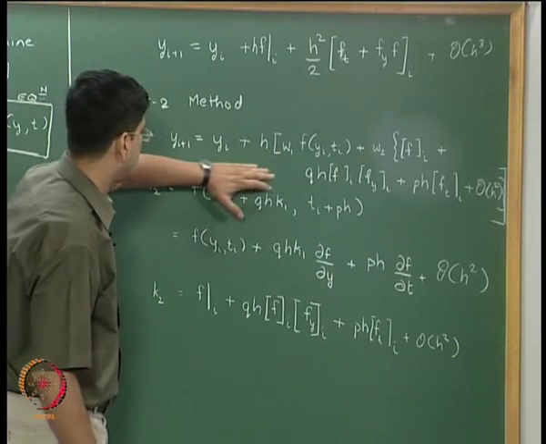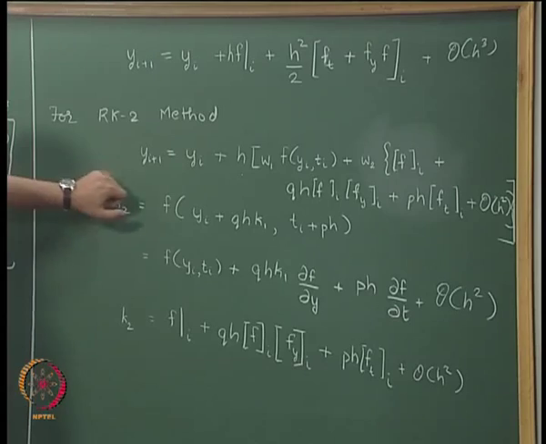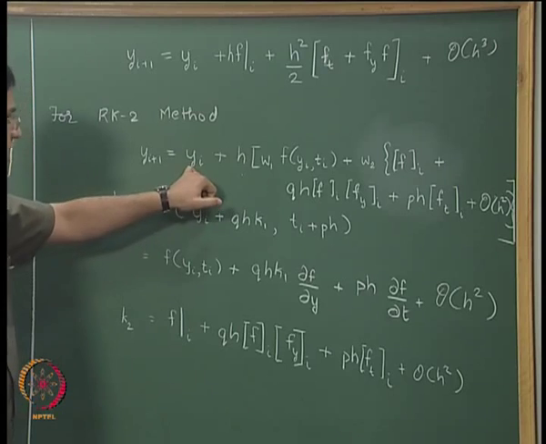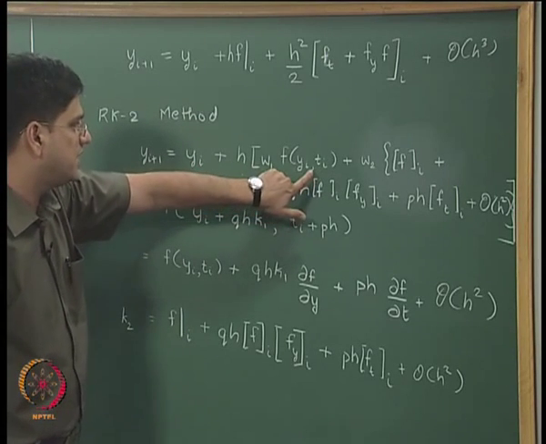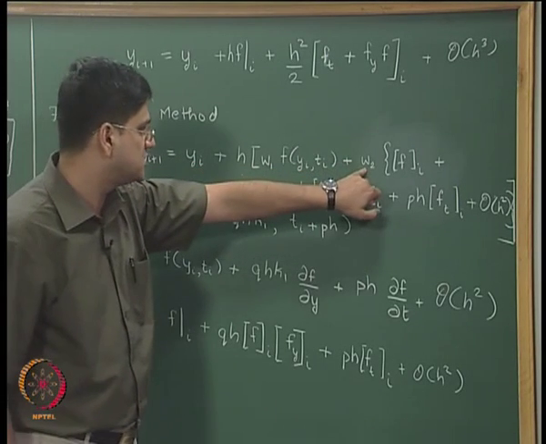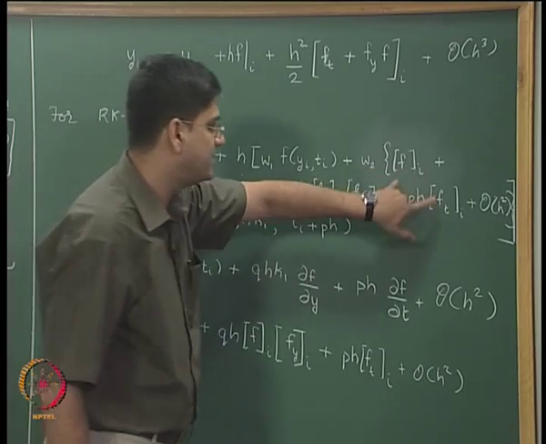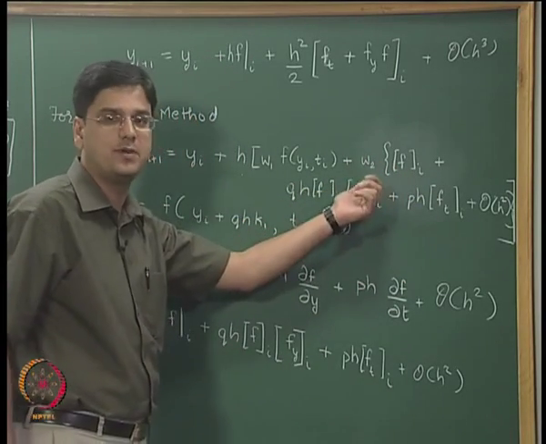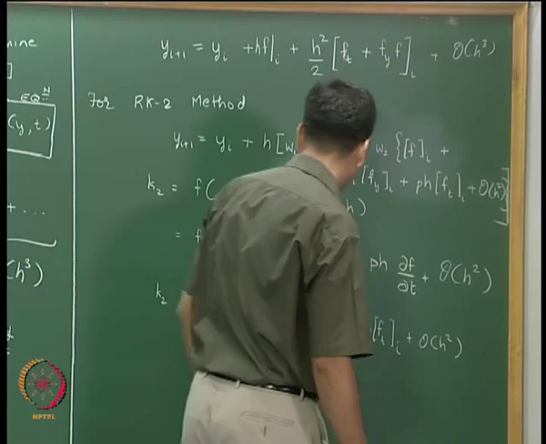Okay. So, this is what we will get for the RK2 method as yi plus 1 as yi plus h multiplied by the first slope plus the W2 multiplied by the second slope. In the second slope again we have used the Taylor series expansion.